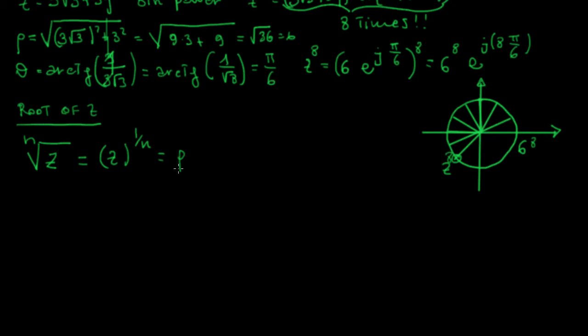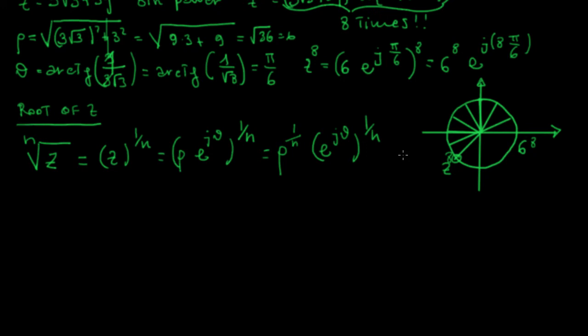So what we find here is rho times e to j theta raised to 1 over n. Using the usual properties for the exponential powers, we find that this is rho to 1 over n times e to the j theta all raised to 1 over n.